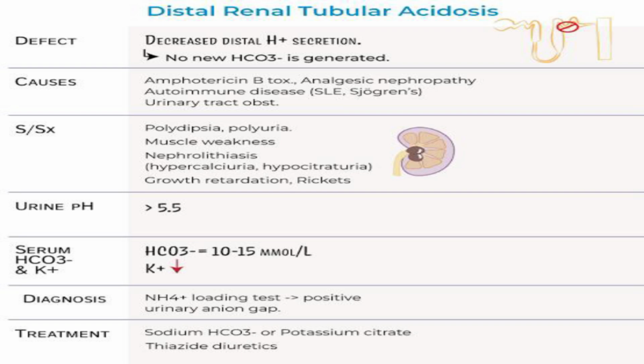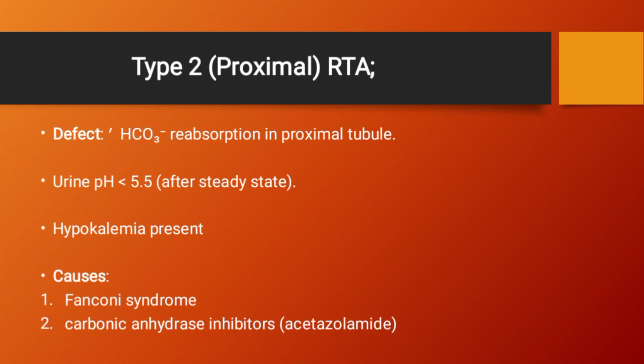Urinary pH is always more than 5.5, and bicarbonate level is 10 to 15 millimole per liter. Potassium level is decreased. Hypokalemia is always there, and how you will diagnose, those tests are also mentioned, and we will discuss treatment in later stages.